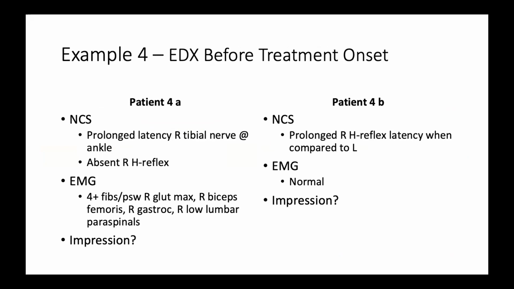So he had a slow latency of the right tibial nerve at the ankle. So we identified, and here's the case where you have two things, we identified the radiculopathy, which was clear as day, but we also identified the slowing of the tibial nerve at the ankle.